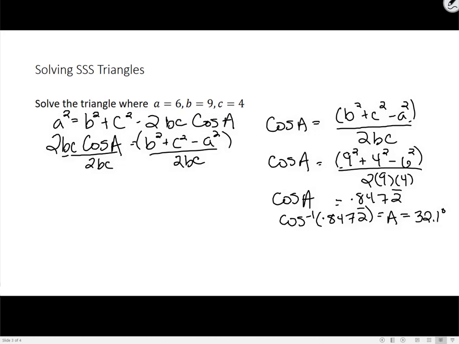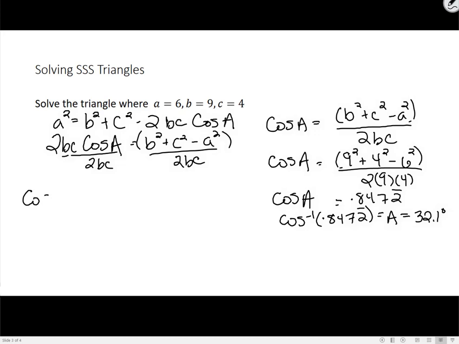Now we can do the same trick with the law of cosines for any of my other two angles. I'm going to go with angle B, but you can use angle C if you wanted to. I'm not going to solve again. I'm just going to essentially use what I have here for cosine of A to write cosine of B.